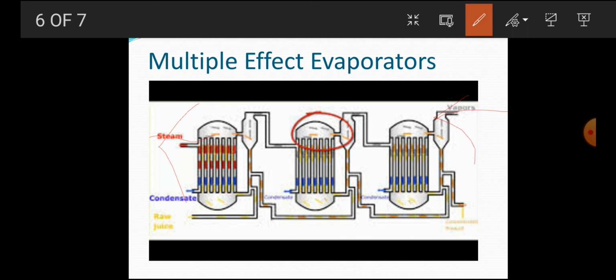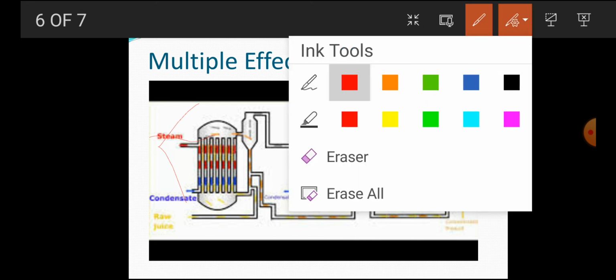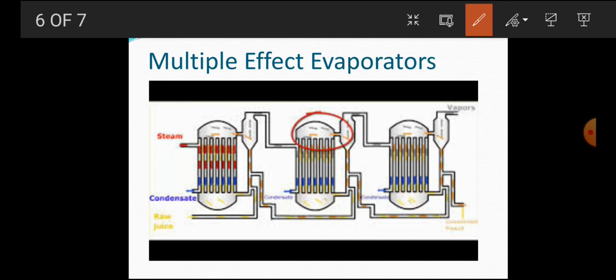This method is suitable for cold feed because the heat used for increasing the temperature in the last one is already used twice. This will give more economy.